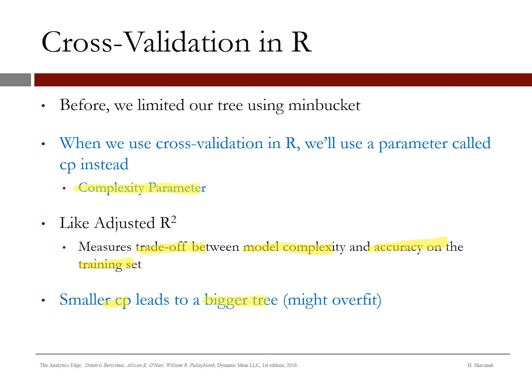So we may say the smaller the CP is the better, but maybe we have the overfit issue here. So we should be careful about the smaller values of CP, but in general, the smaller value for CP is better if we don't have the issue of overfit. Okay.